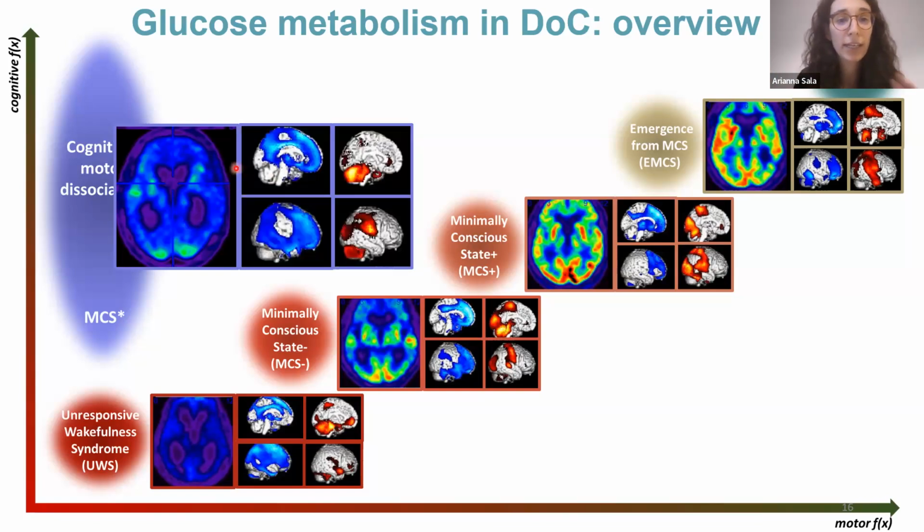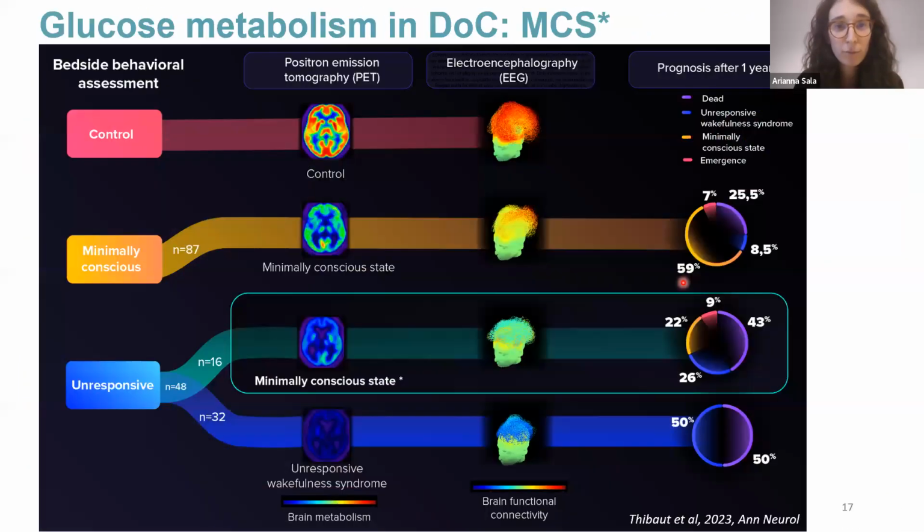And you can see here an example. There was a paper published last year by Aurore Thibault, from our team, that showed that we can categorize patients based on the degree of alterations of glucose metabolism. In particular, here they considered absolute glucose metabolism in the frontoparietal regions, and they were able to differentiate, among the behaviorally unresponsive patients, those defined as minimally conscious state star.